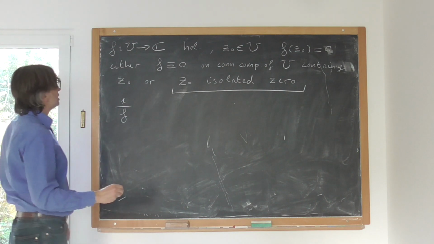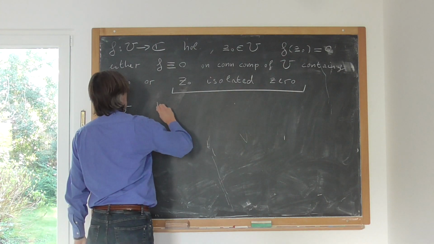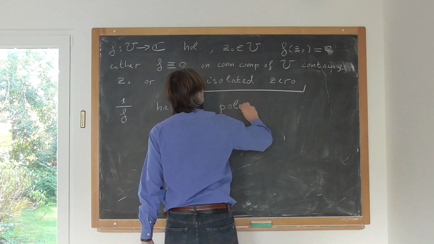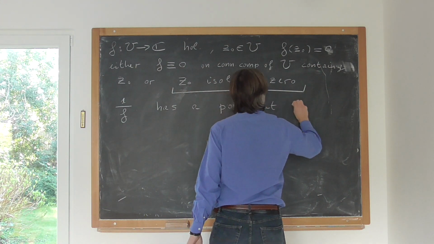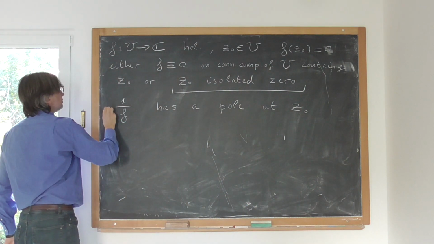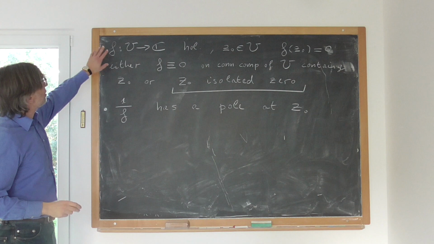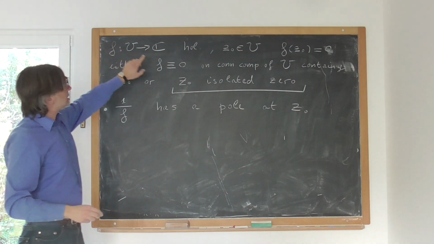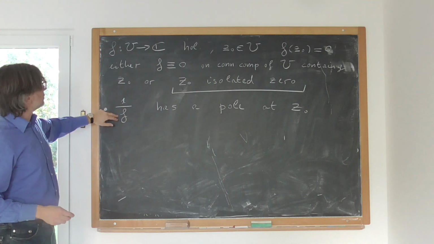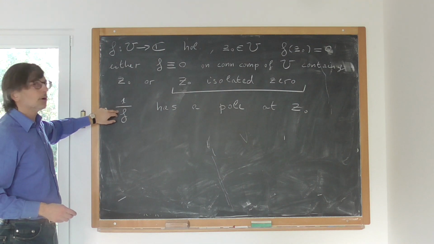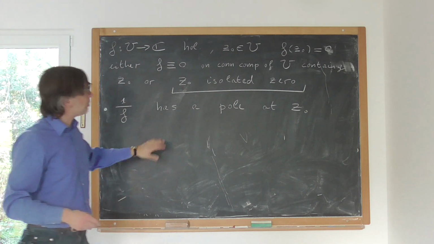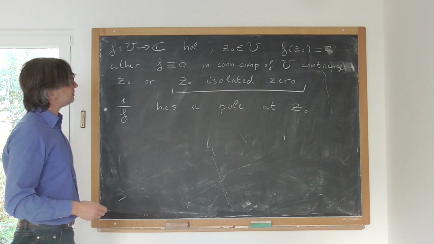And what I claim is that 1 over f has actually a pole at z naught. This is the claim. So when I have a function which at z naught has an isolated 0, then the inverse of this function, the reciprocal with respect to multiplication, 1 over f, has a pole at this point.